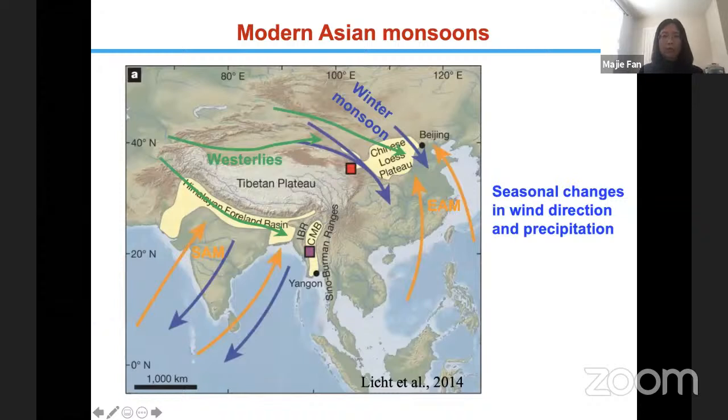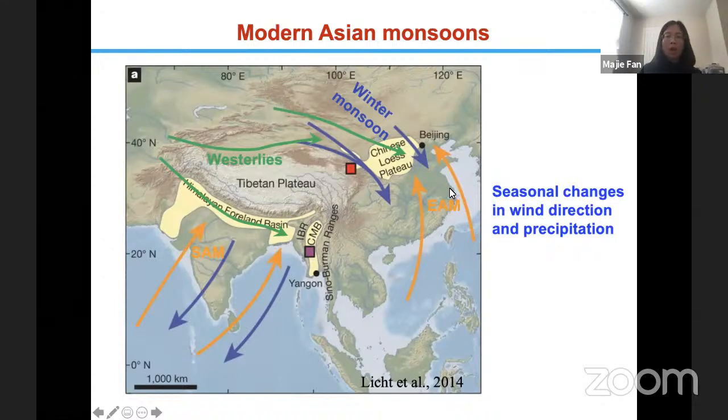Okay. So when we talk about monsoon, this figure clearly shows that there are two climate elements. One is the seasonal change of wind direction, such as in Eastern China, where we are going to focus. During the wintertime, we have southeastward wind. And then during the summertime, the wind is generally from the south or southeast.